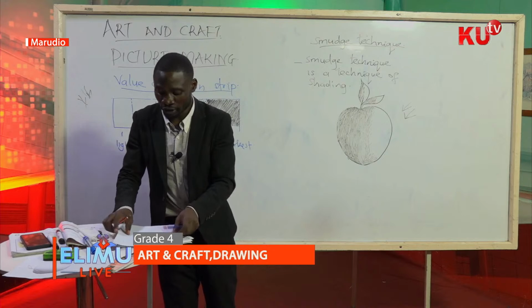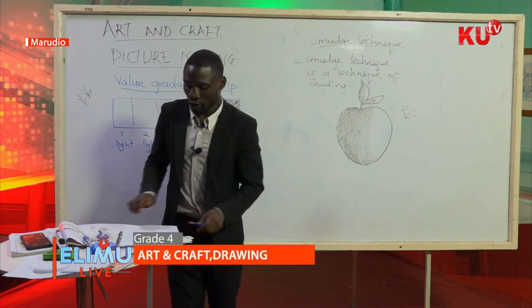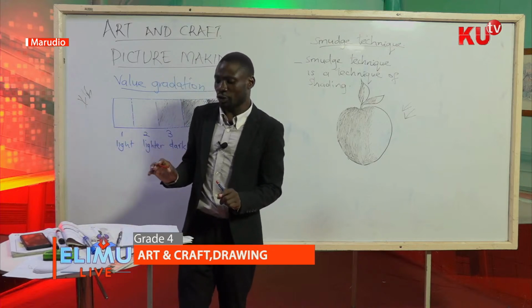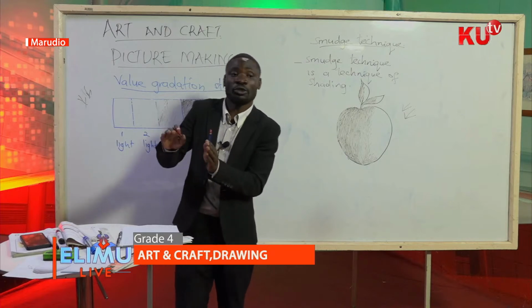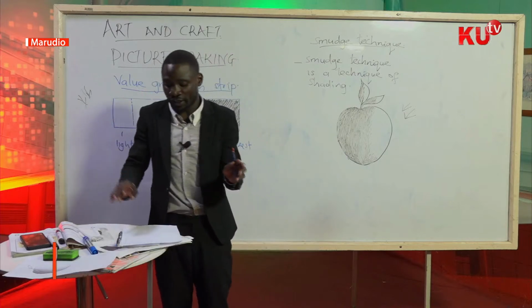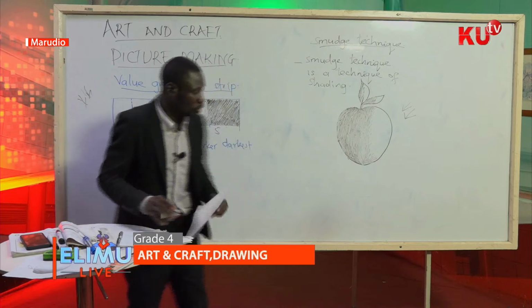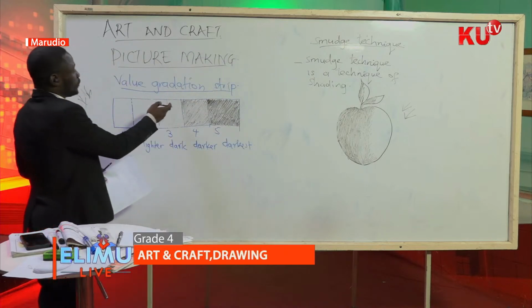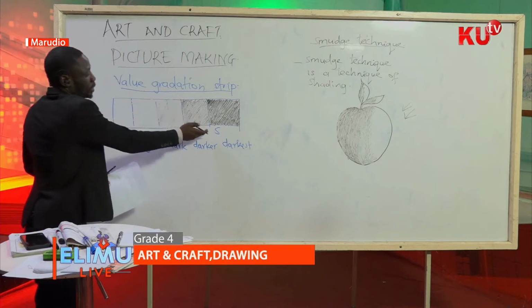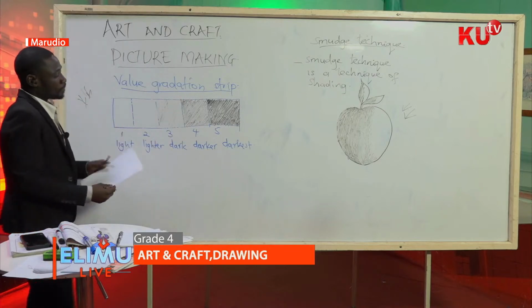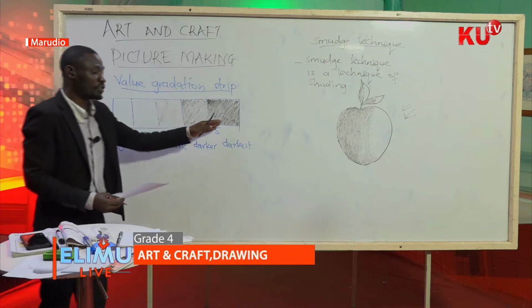Be attentive, please. Okay, so I want us to start from the darkest. Always start with the darkest part. And according to our value gradation strip on the board, number 5 is the darkest.